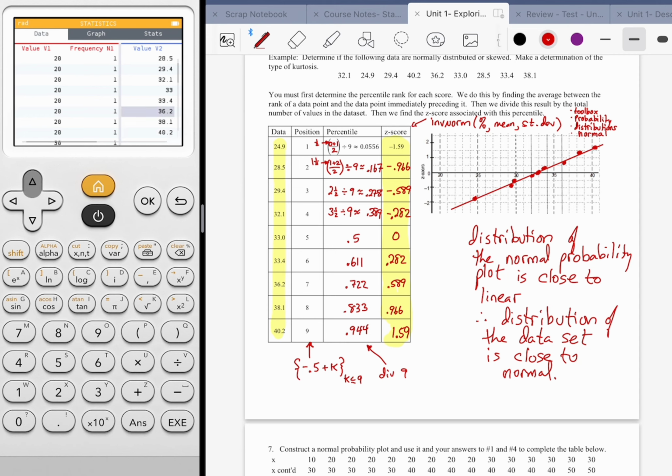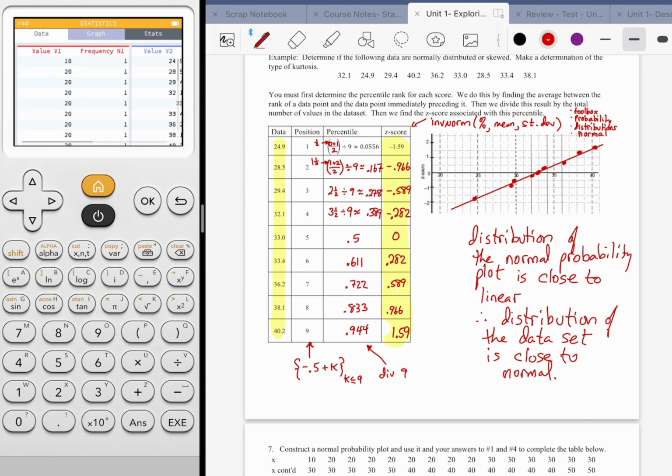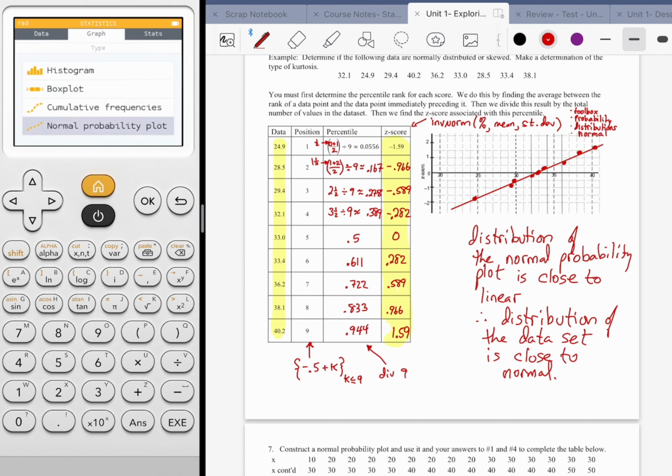I think I got them all in right. We will find out right now. So go to graph. See the option that says normal probability plot.